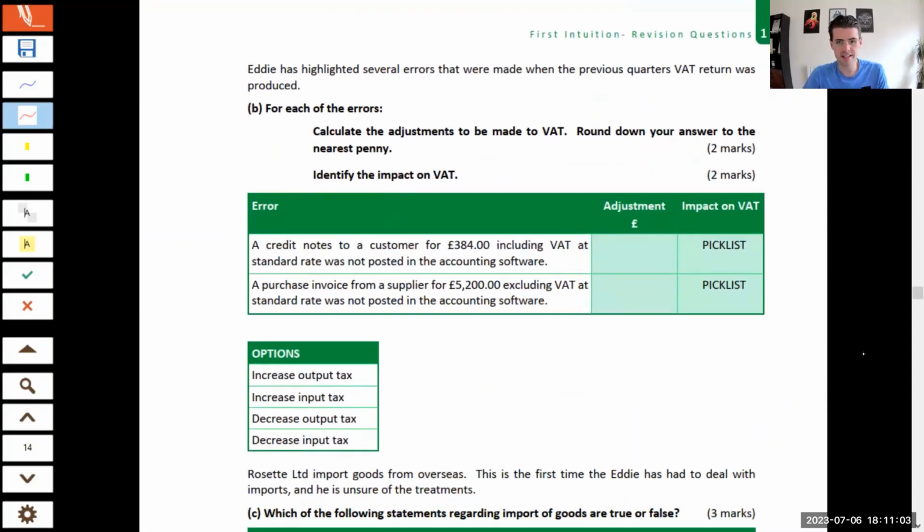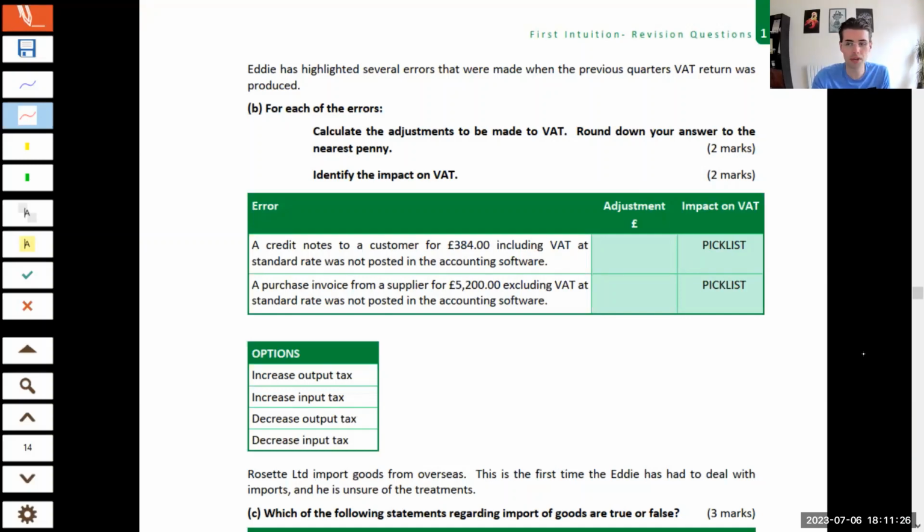Eddie has highlighted several errors that were made when the previous quarter's VAT return was produced. And it says for each of these errors, calculate the adjustments to be made to VAT. It says round your answers to the nearest penny. Now, in the exam, I will reiterate this, and I'll mention it in the first recording, but it is worth mentioning again.